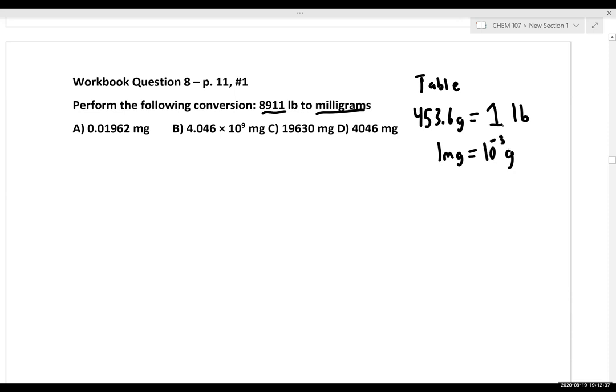Okay. So now that we have our table of conversion factors, I'd like you to take the next few minutes, make a solution map, and complete the unit conversion from pounds to milligrams.